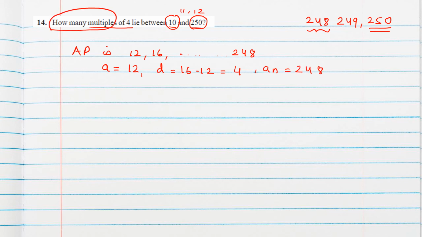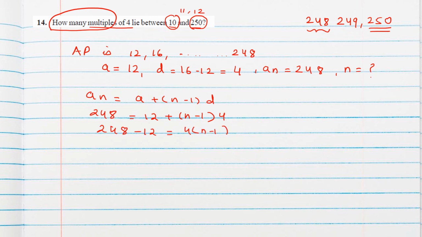That means the n value we should find here. So we'll use the same formula, an equals a plus (n minus 1)d. an is 248, a is 12, n is not known here, d is 4. So 248 minus 12 we can write, and 4 times (n minus 1).